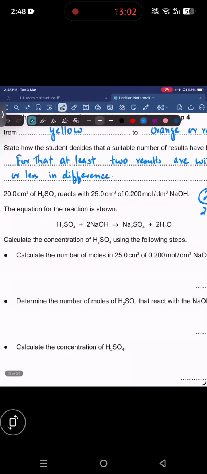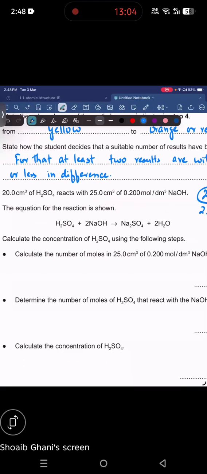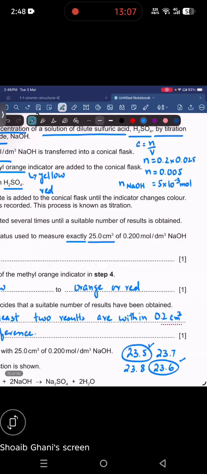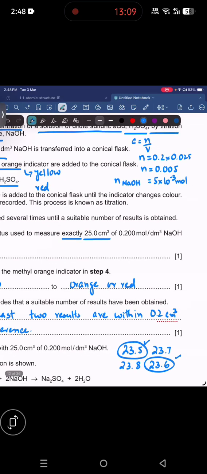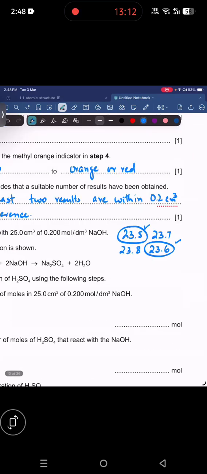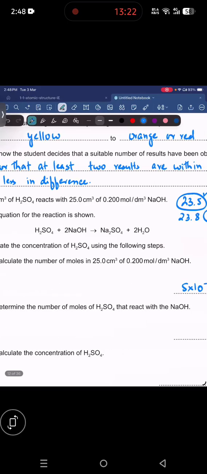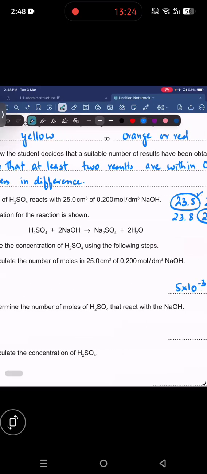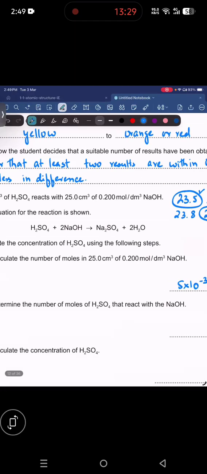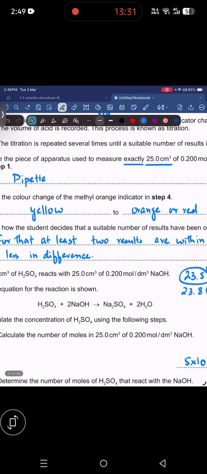Now, calculate the number of moles of sodium hydroxide. The moles of sodium hydroxide is already calculated above. That is 5 times 10 power minus 3 moles here. Determine the number of moles of sulfuric acid that reacts with the sodium hydroxide. So we have to check from the equation. The ratio in the equation is 1 to 2.